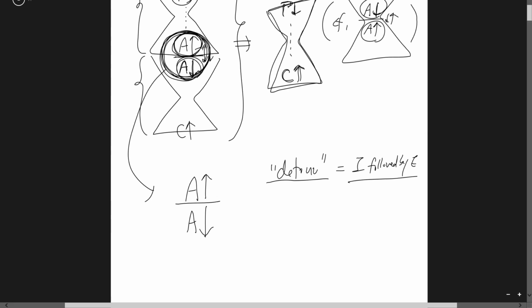And we can imagine that this is up arrow, so perhaps we have an instance of some introduction rule here. And this is down arrow, so we have perhaps an application of an elimination rule here. So this is precisely the pattern that we observe in every detour. So this is basically detour.